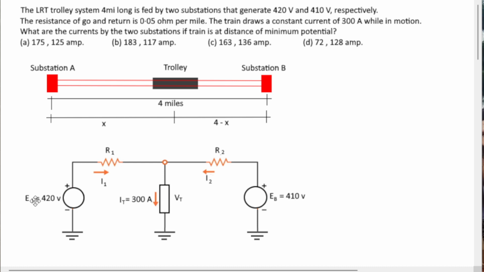The voltage supplied by substation A is 420, and by substation B is 410 volts.